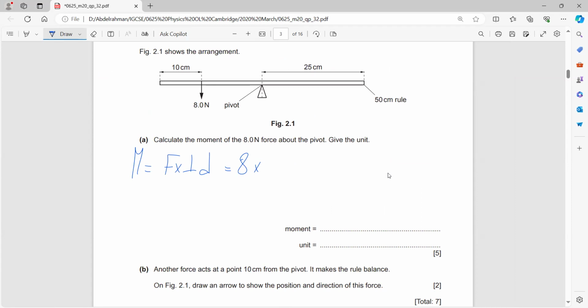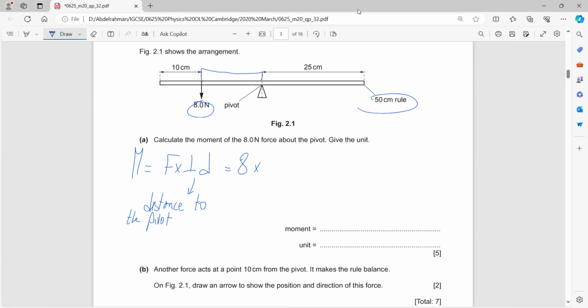Whenever we say perpendicular distance, it has to be the distance between the force and the pivot. What's the distance between this force and the pivot here? It should be 15.